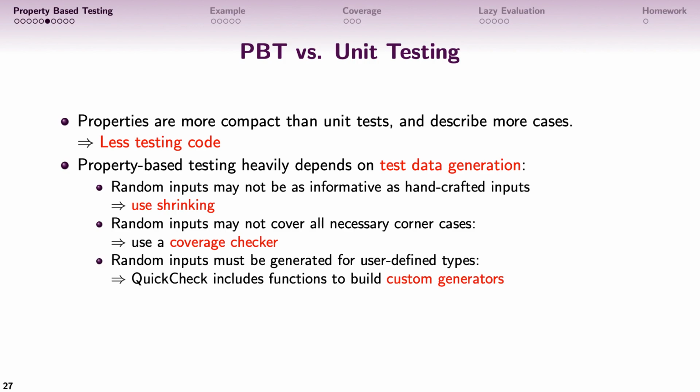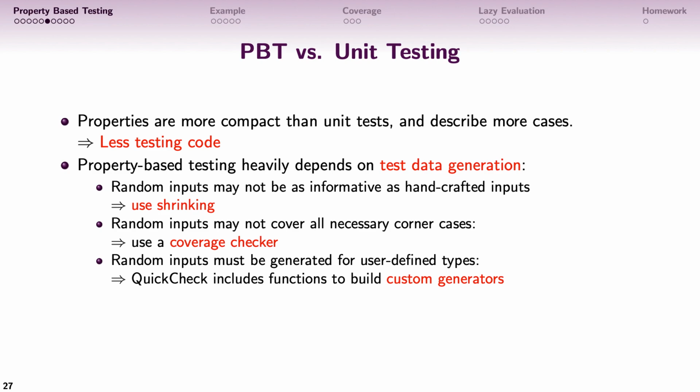Also, for our user-defined types, if we defined our own data types using the data keyword, then QuickCheck doesn't know by default how to generate those, right? So we need to be able to custom generate our own types as well. And QuickCheck includes a bunch of functions and type class machinery to do that. In fact, I believe it's even possible in some cases to derive these generators automatically, although don't quote me on that.